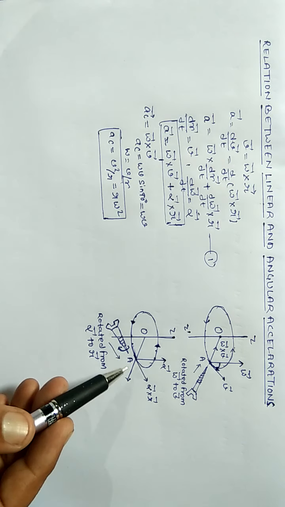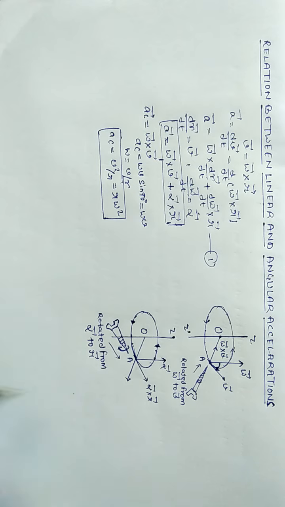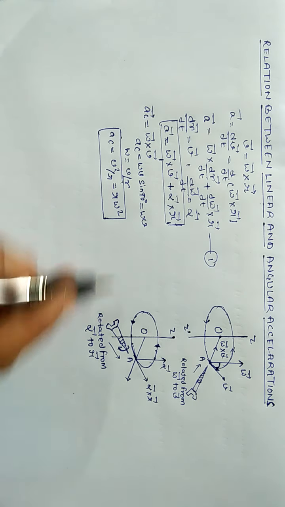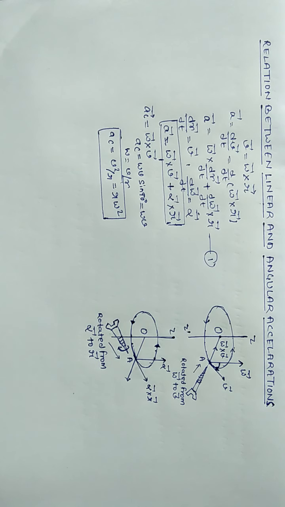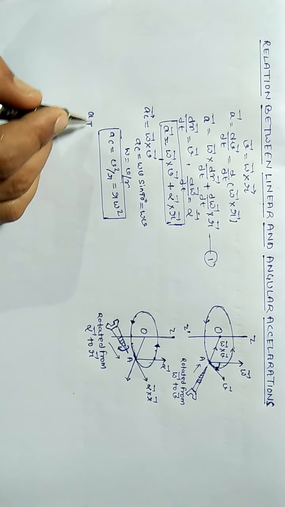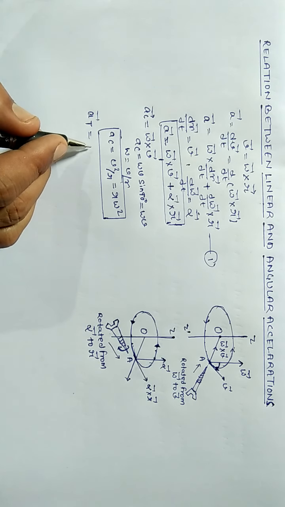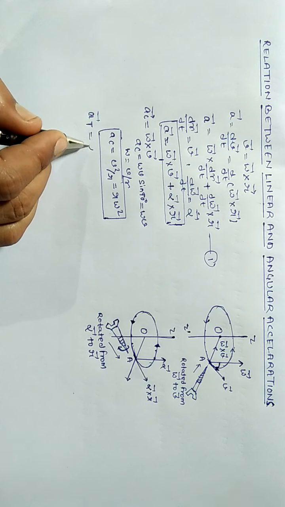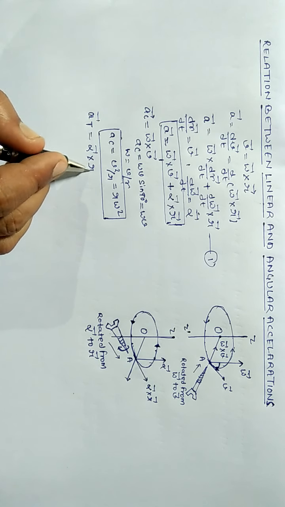Now in the next diagram, the orientation of vectors alpha and r is shown at point A. Again, alpha cross r is a vector along the tangent of the circular path at point A, and it is called the transverse component of acceleration, denoted by at, and at is equal to alpha cross r.